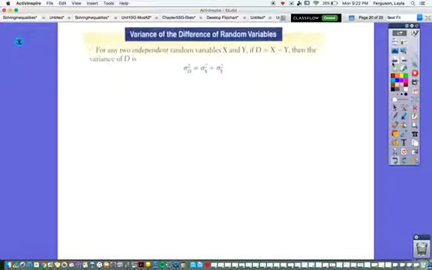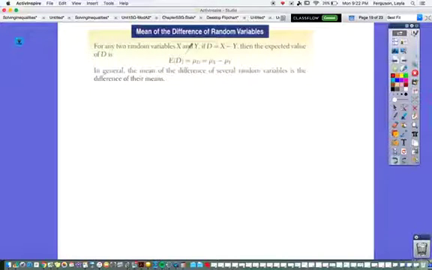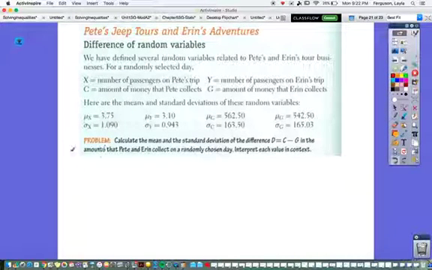So using the information that we just learned to find the mean for d equals c minus g, the mean of d equals the mean of c minus the mean of g.